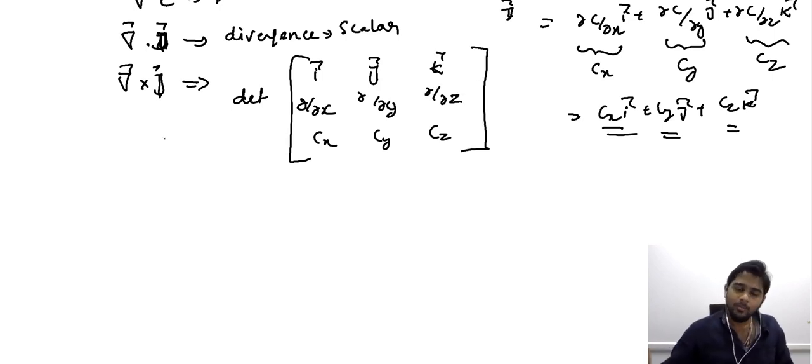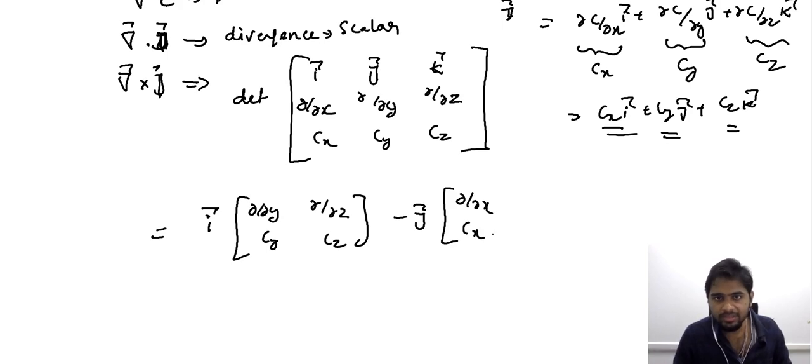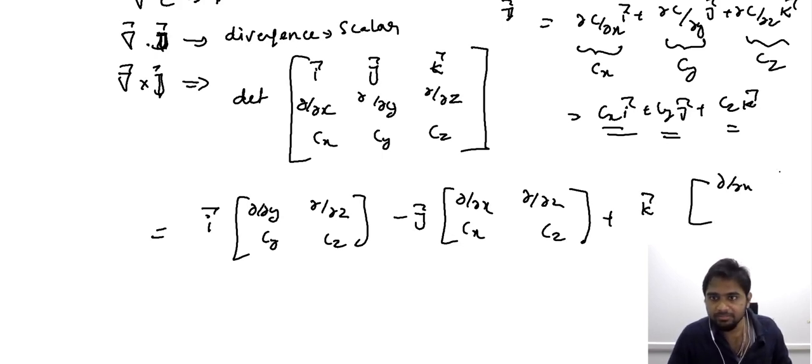Now we can express each of these components: the cross product will yield the component associated with the i vector as something like this, dou by dou y Cy, dou by dou z Cz minus j vector dou by dou x Cx, dou by dou z Cz plus k vector dou by dou x, dou by dou y, Cx Cy.